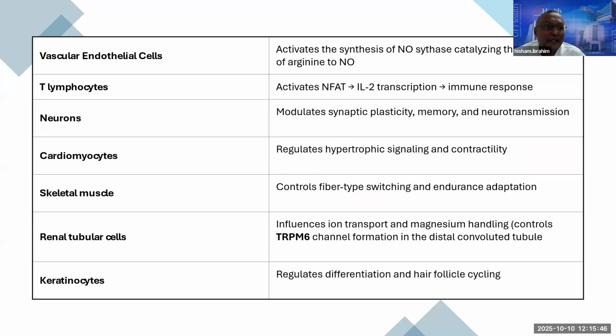Here are other cell types that also use this calcium-calcineurin cell signaling. For example, endothelial cells. In these cells, the synthesis of nitric oxide synthase is catalyzed, so nitric oxide is released from arginine using calcineurin. T lymphocytes we just spoke about. In the nervous system, there are molecules like GABA whose production is controlled by calcineurin.